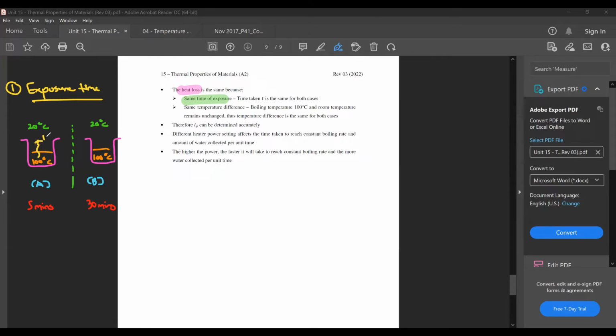Let's just say that you have HA here, and then this one here, you have HB here. So if I ask you to compare between these two right now, both of them are the same. The only difference is the exposure time, the time that you leave them alone. So between beaker A and beaker B, which one will actually have a higher amount of heat loss? You will probably be saying that the heat loss for beaker B is more than beaker A, right?